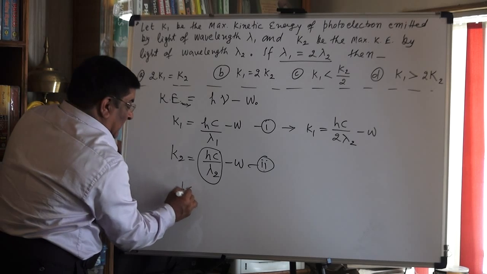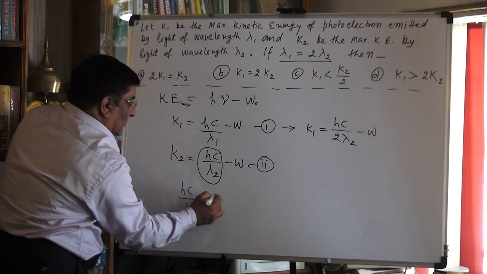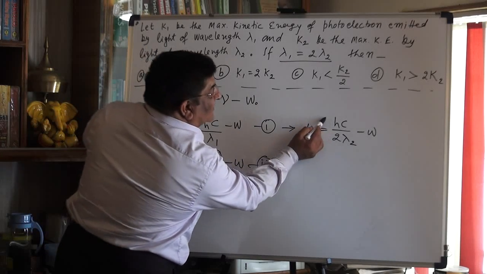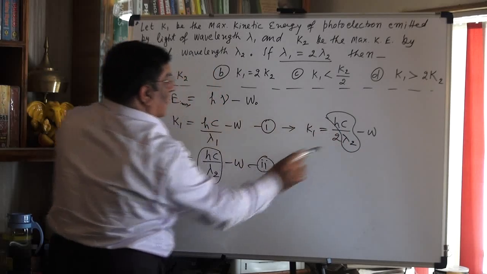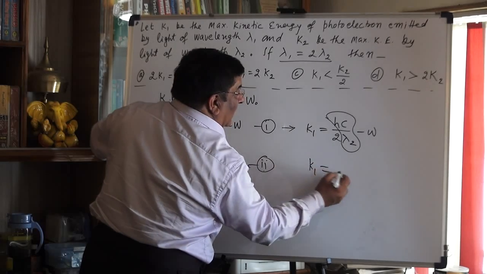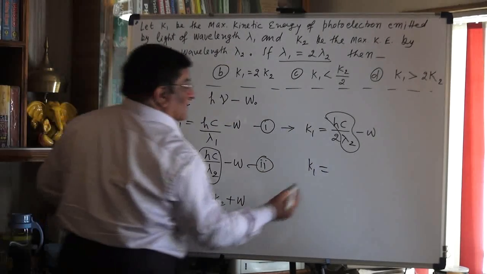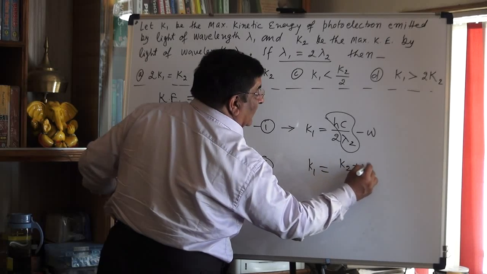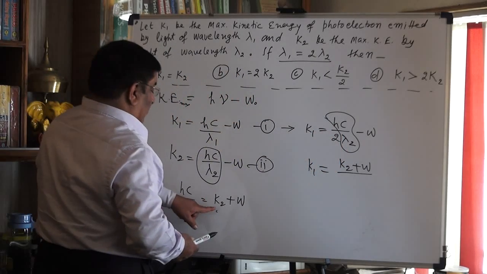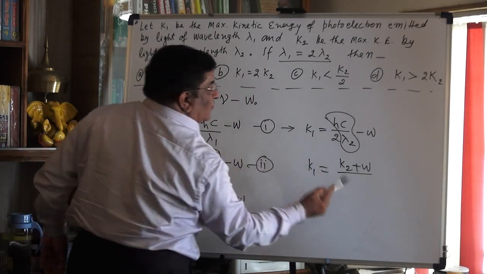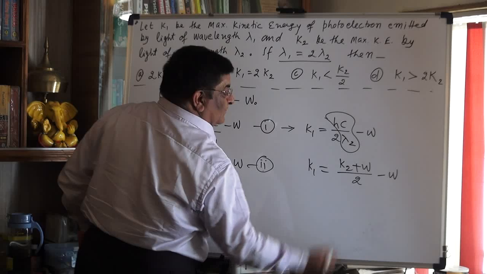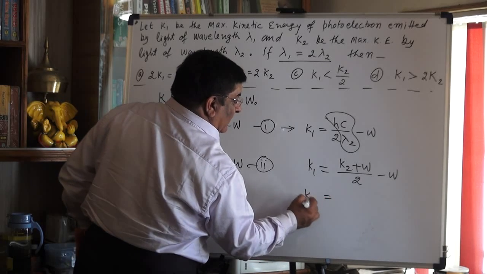From this equation, hc upon lambda 2 is equal to K2 plus W. I will put that here, so K1 is equal to (K2 plus W) upon 2, minus W. This I will now solve.